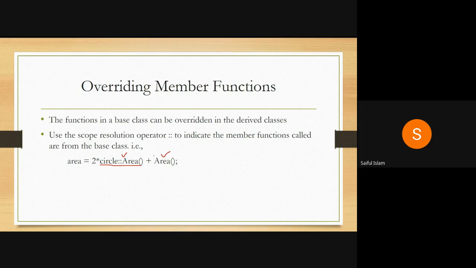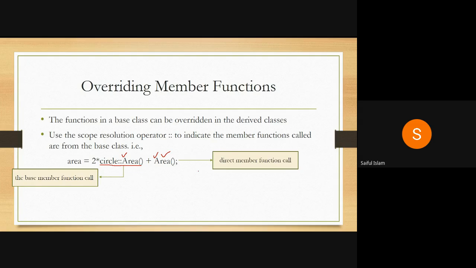When you don't use a qualified name, you're talking about the derived class. Here is a qualified name; I am talking about the area of the base class. So it's a base class member function call. It's a direct member function call of a derived class. It must be used internally in the member function of a derived class. So I can use this function within a function of a derived class.